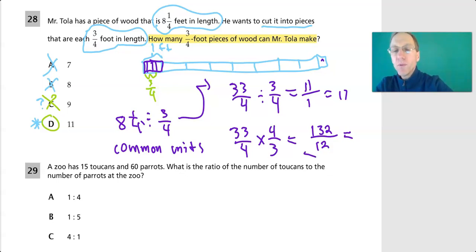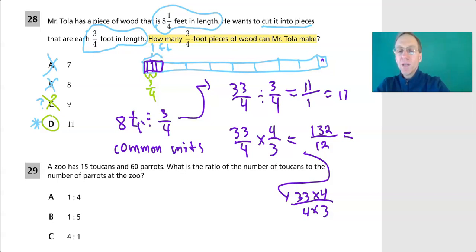Finally, one more way. You could actually save some time here, because you could put both numerators together, 33 times 4, and then 4 times 3. It's the same thing. And this is something they do show you in Common Core. You put your numerators together because you're going to multiply them and divide by 4 times 3. You can do that because that's all you're doing right here. You're doing 33 times 4 and 4 times 3.